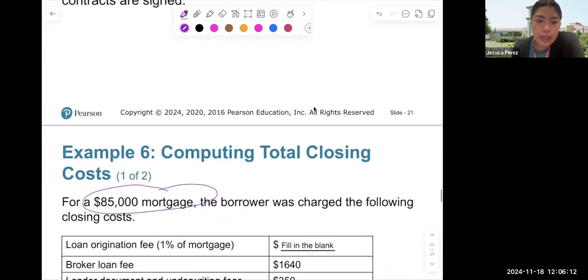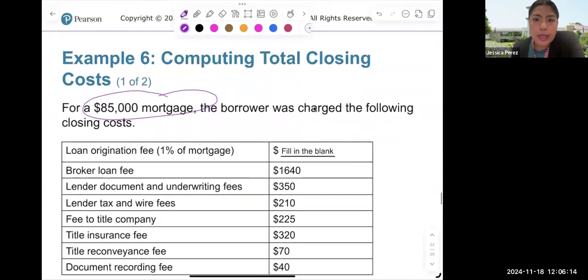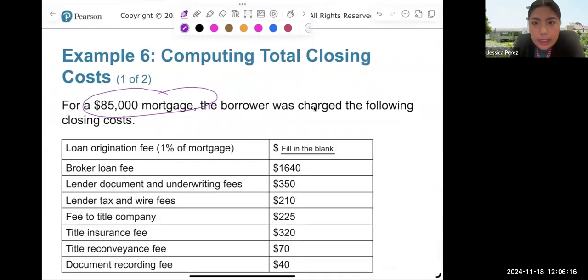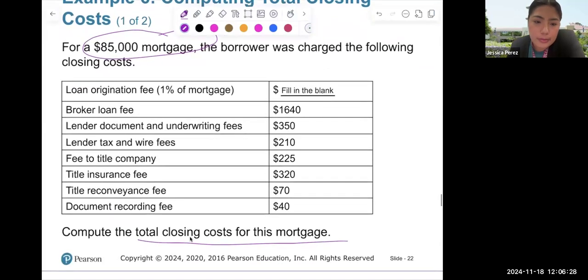Okay. So let's look at this one. Computing total closing cost. So this is an $85,000 mortgage. This is like super cheap. The borrower was charged for the following closing costs. So look at this. So it's $85,000 for the mortgage.